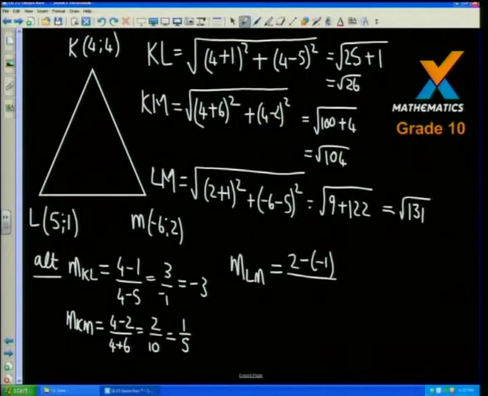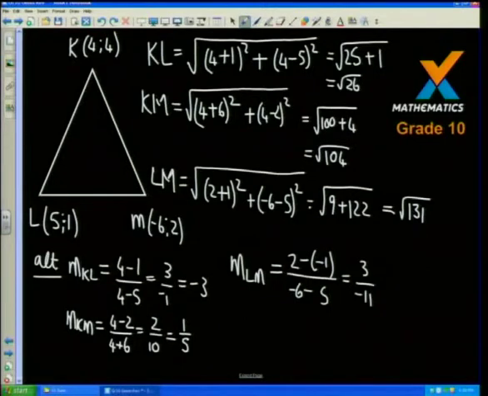Divided by -6 over, now remember what I said earlier, I must keep my direction the same if I calculate the gradient. I started with M. I said 2 minus -1. So I must start with M again. I get -6 minus the y value at L, which is 5, and that gives me 3 over -11, which is not the desired positive 3 I was looking for, or the -5 that I had with KM.